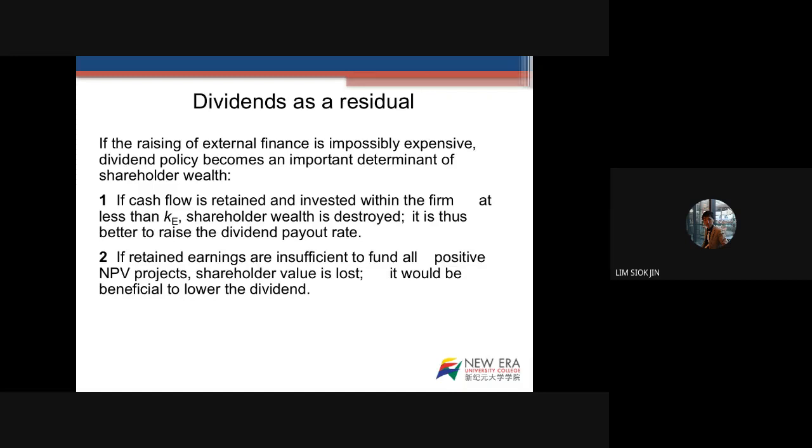In this slide, they tell you a little bit more about dividend. So what is dividend and how should companies give out dividend? They say dividend is earnings of the company, but it should be given out as a residual.